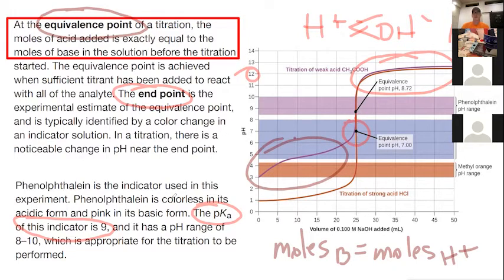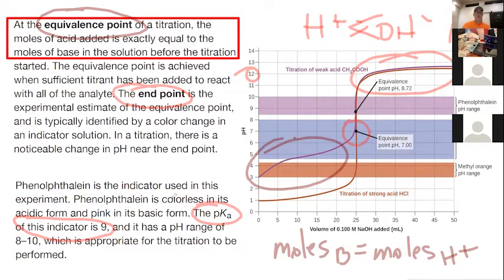And what color is it when it's in a basic environment and becomes a base? Pink. Yeah, it turns pink, or you'll see actually it's sort of pink or even like a bright red color. If you go way too far, it turns bright, bright red. And so what we want while we're doing our titration is for the solution to just turn a little bit pink, and then we're done.